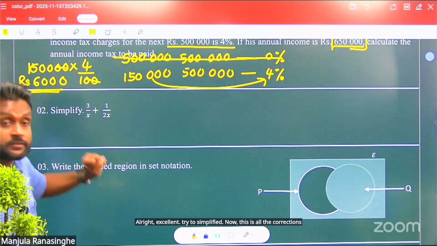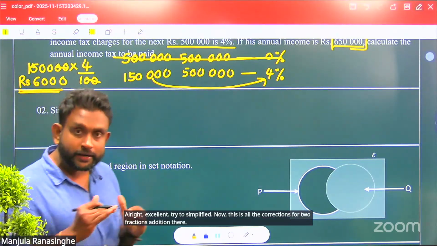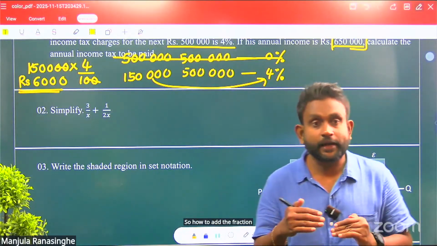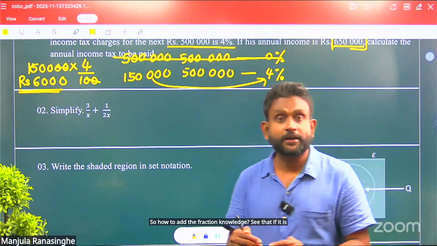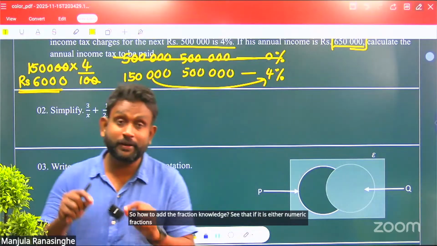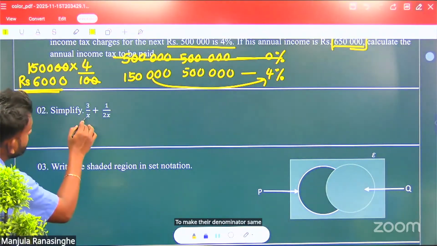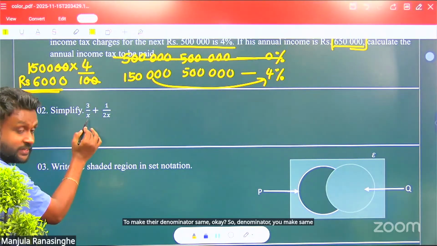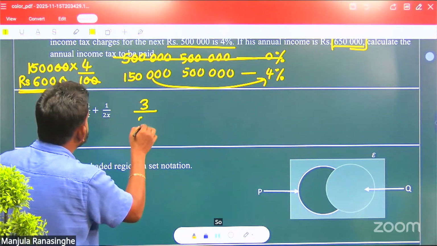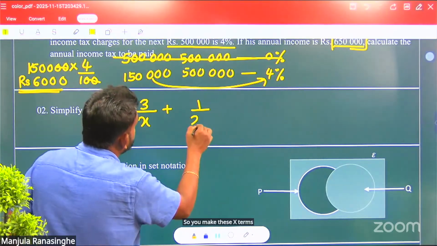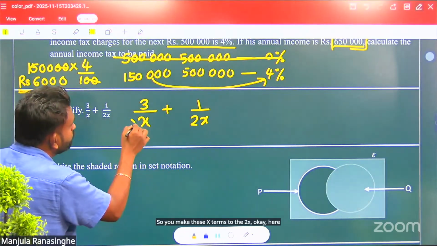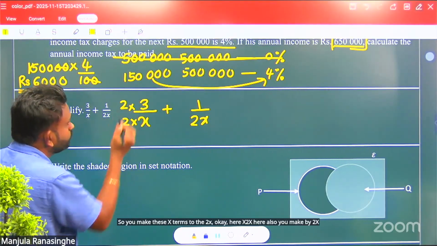For the addition of two fractions, how do we add fractions? Whether it is numeric fractions or algebraic fractions, the maths logic is to make their denominators the same. Here 2x, here x. So you make the x term into 2x by multiplying by 2.